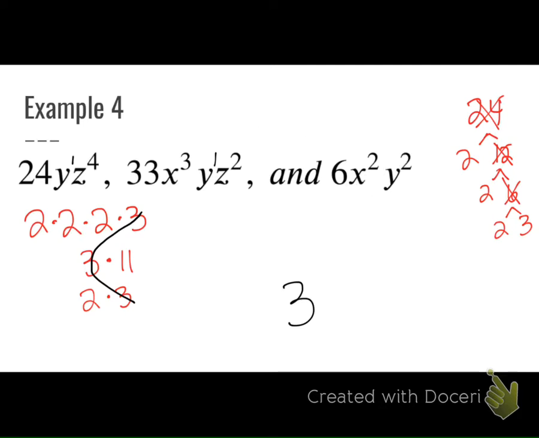So they all could give up 1y at least. So that's the only thing they have in common. And then also with the z's, this last term doesn't have any z's at all, so therefore the GCF does not include a z. So 3y is all I have for my GCF.